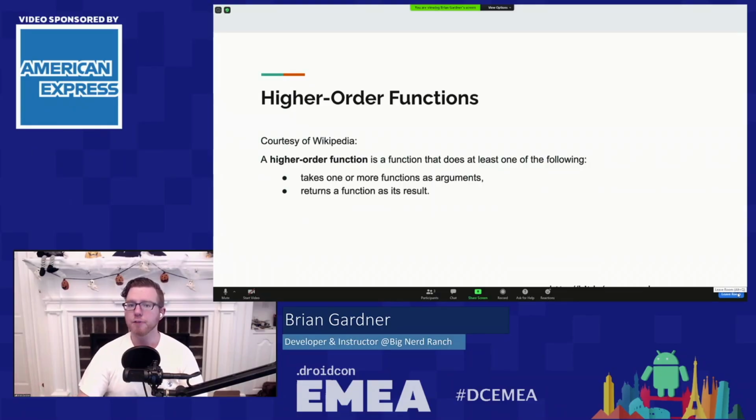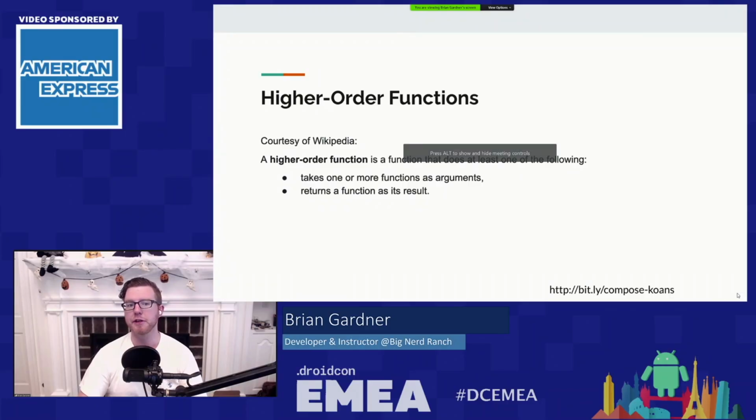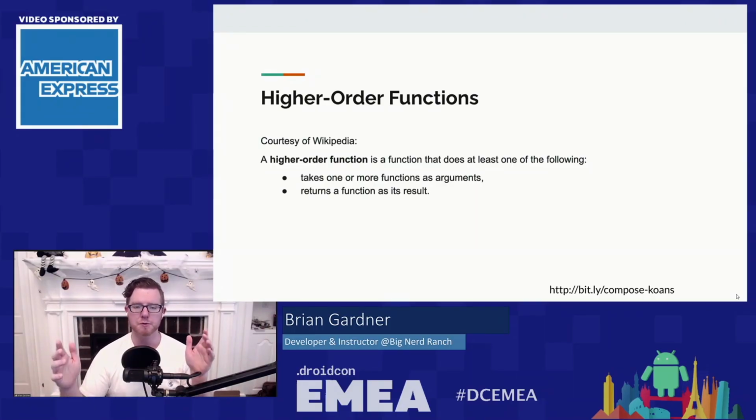Compose relies heavily on higher order functions. Pretty much every view that you're going to be using inside of Jetpack Compose takes in a content function as the last parameter. So this is things like if I have a button that I want to display, that takes in a function as the last parameter, and whatever is returned by that function dictates the content of my button.